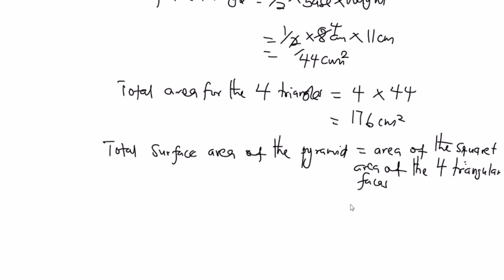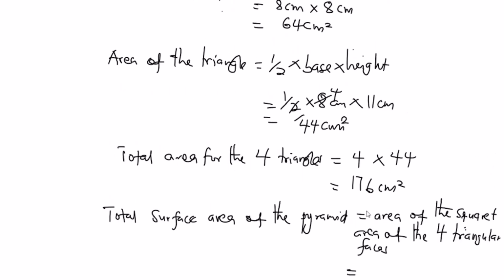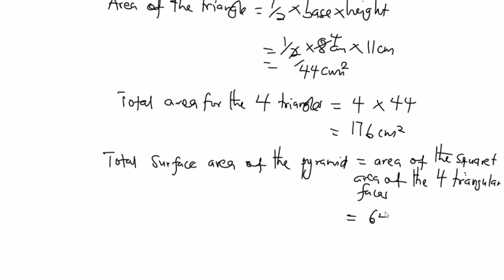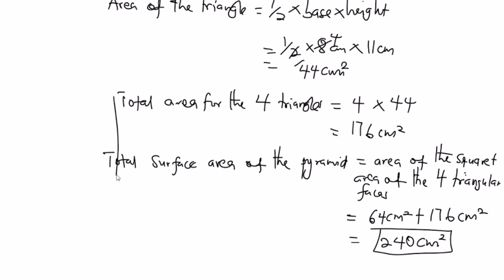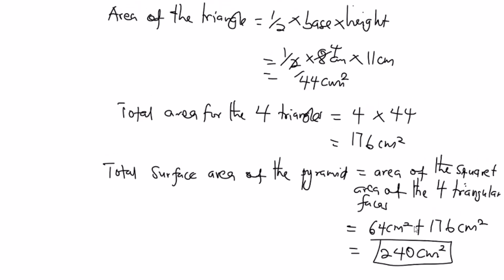Okay, so area of the square from here, we had 64 centimeters squared, and area of the 4 faces, we have 176 centimeters squared. Okay, so we add 176 plus 64 together, and our result gives us 240 centimeters squared. So this is the total surface area of the entire pyramid.